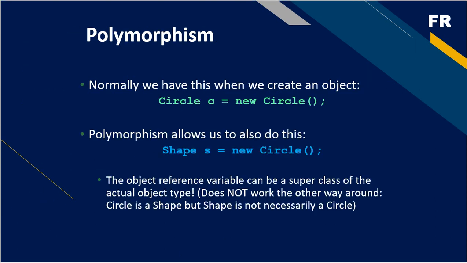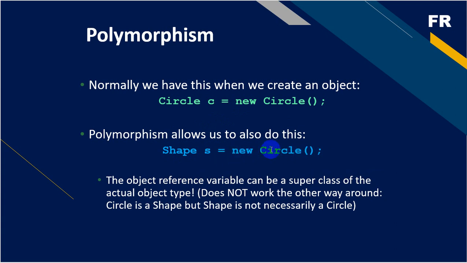You must consider it. As you can see right here, in the polymorphism we have an object of a circle, which is declared through new, and there is a different class, shape S, but we are assigning it the object of a different class.